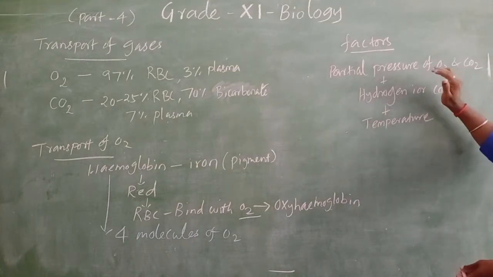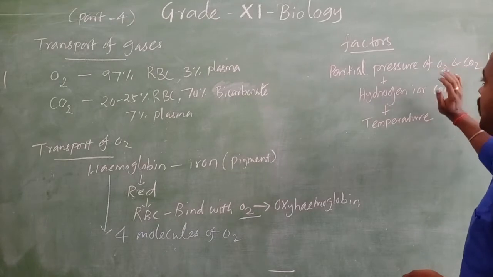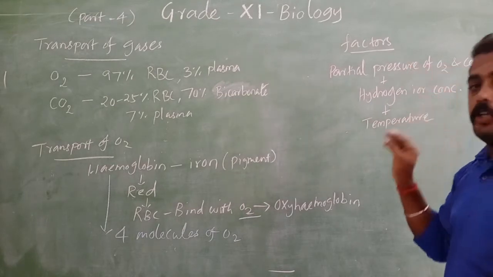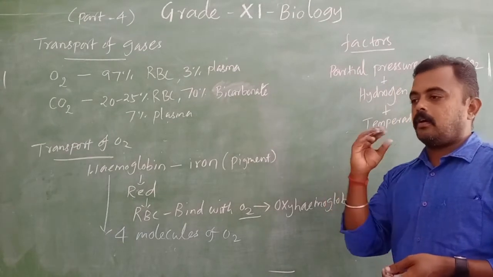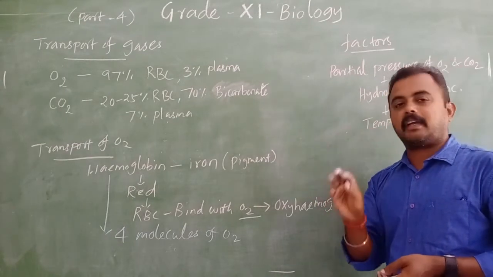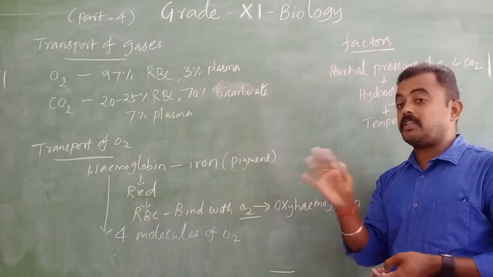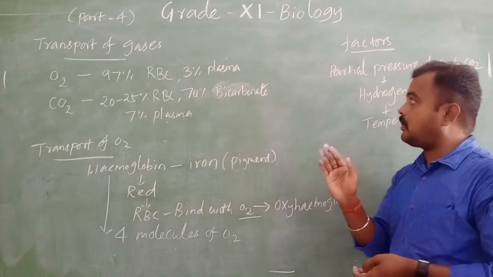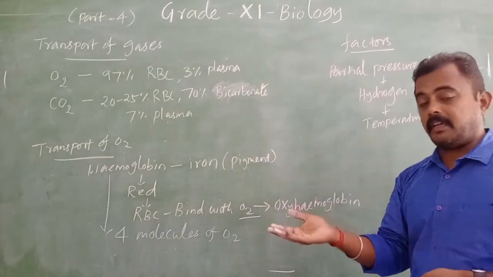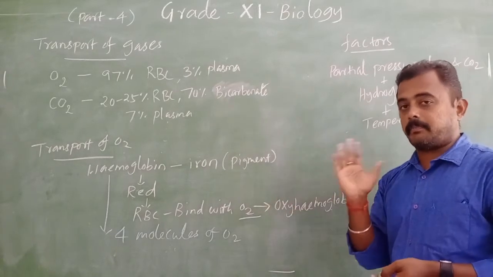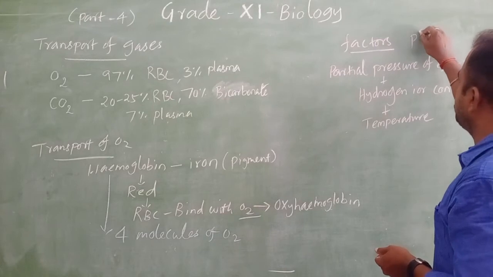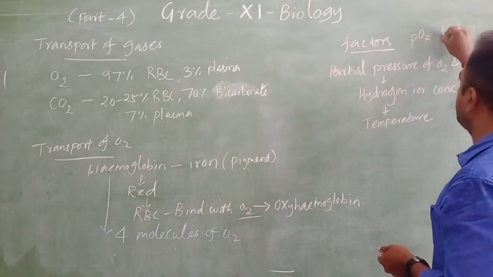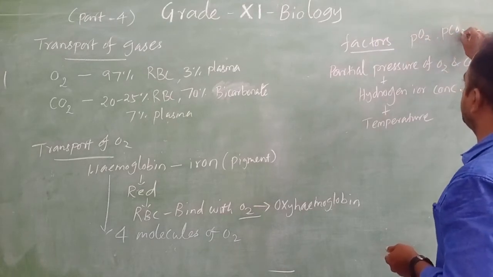So these are all the factors. Partial pressure of oxygen and carbon dioxide. Partial pressure means the pressure given by a particular gas in a mixture of gases. That is called partial pressure. Already we have explained it in the last video. It is denoted by partial pressure of oxygen, partial pressure of carbon dioxide.